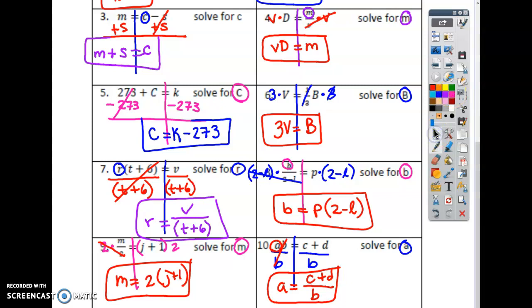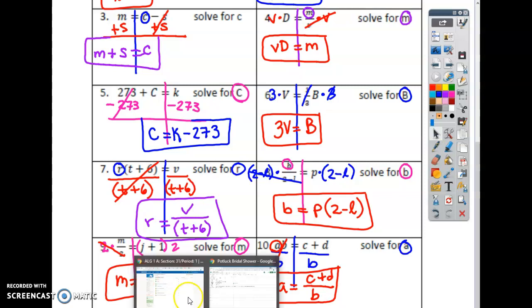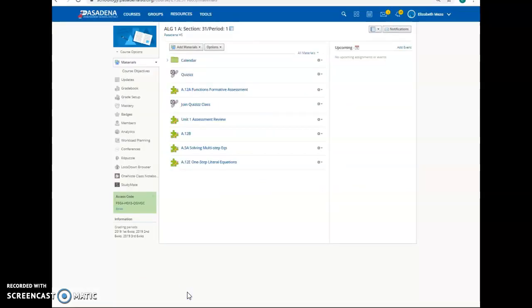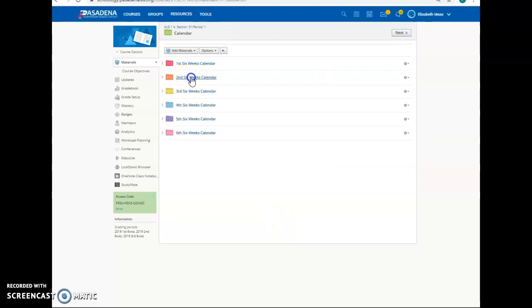You guys have to practice some of them by yourself now. If you have any questions, just raise your hand while you're working these problems out. There is a Schoology assignment. It's at the very bottom. It's called A.12E One-Step Literal Equations. Let's say you don't finish today and you need to finish it this weekend or something, it's going to be in the calendar so you can remember.